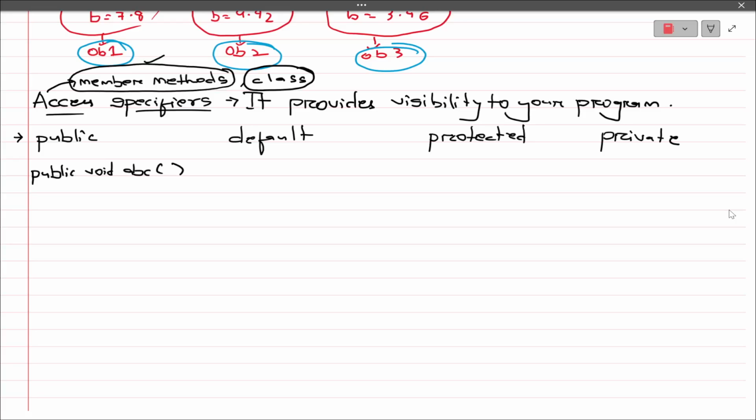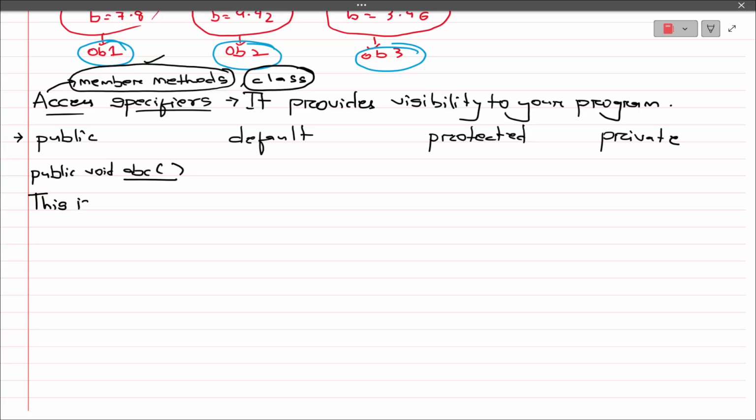Here public is my access specifier, void is my return type, which signifies that there is no return type, and abc is the name of the method, member method or function you can say. So I am talking about the features of this abc when it is given the access specifier public.